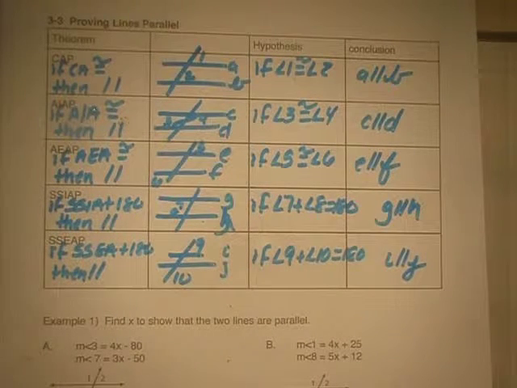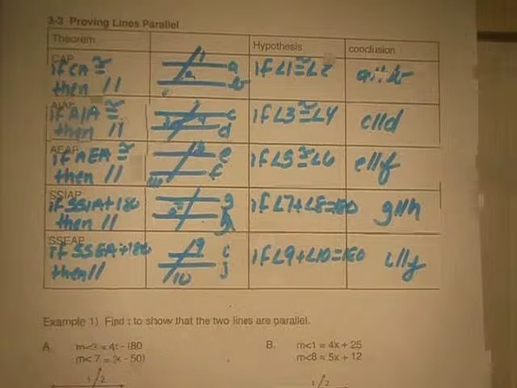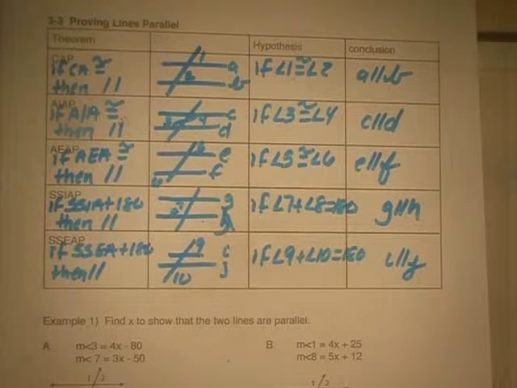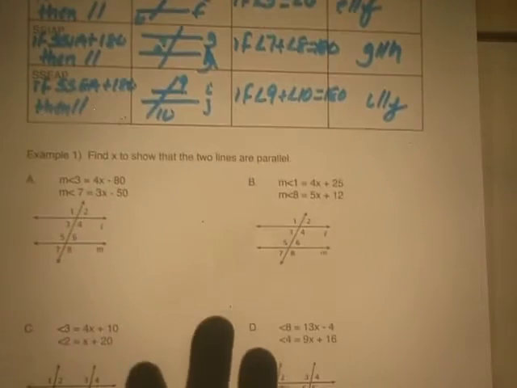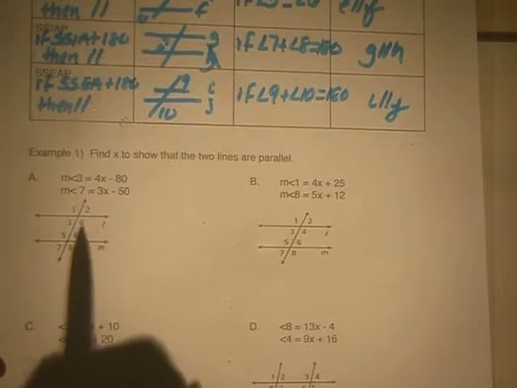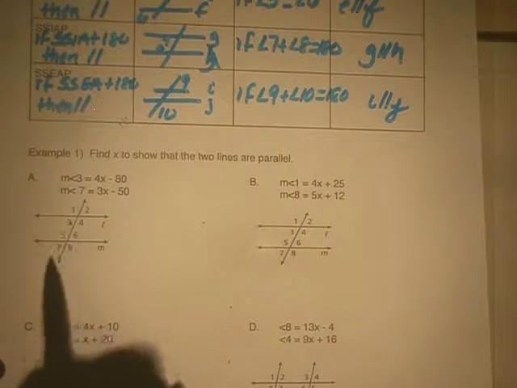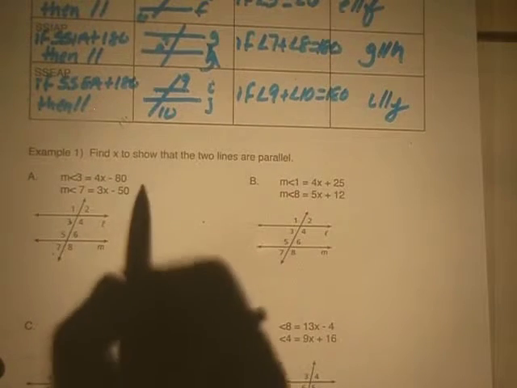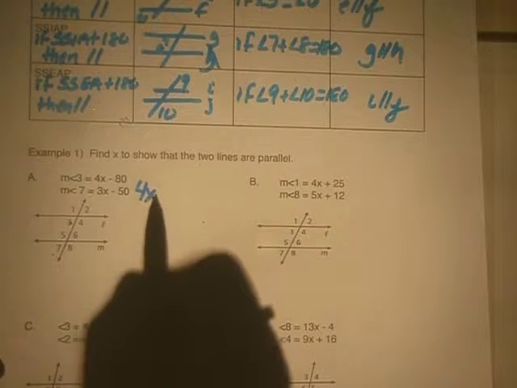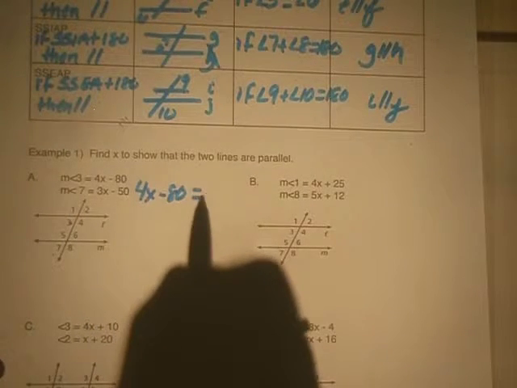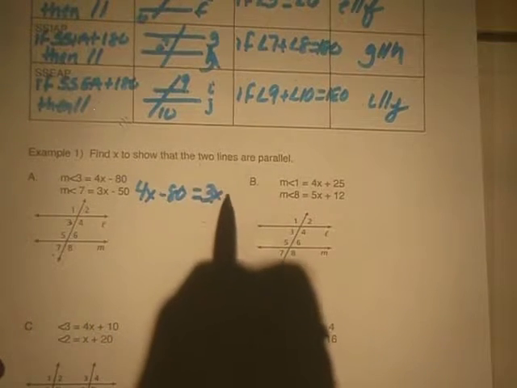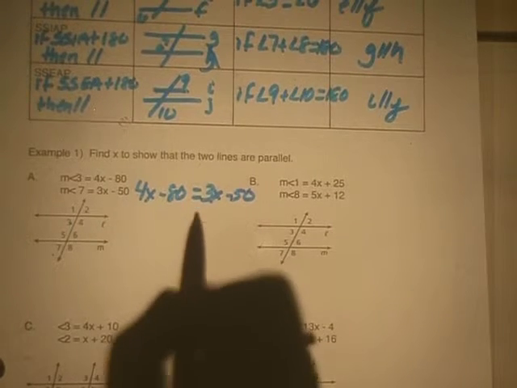The first thing that we're going to do with these theorems is find some values of x that make the lines parallel. So we need to find the value of x that makes the lines parallel. 3 and 7 are corresponding angles, so we would want those to be equal. 4x minus 80 equals 3x minus 50.